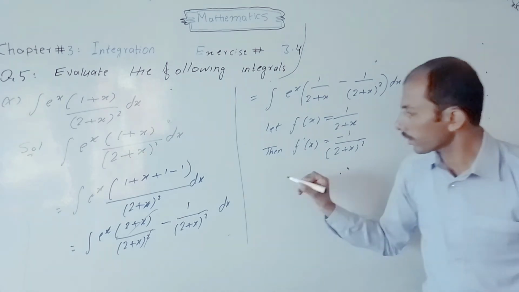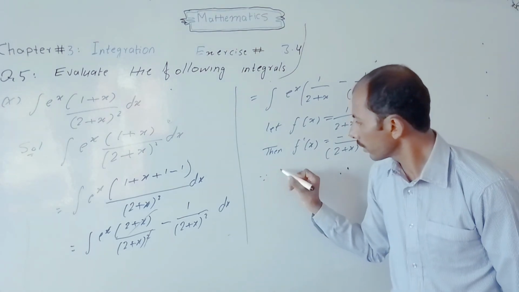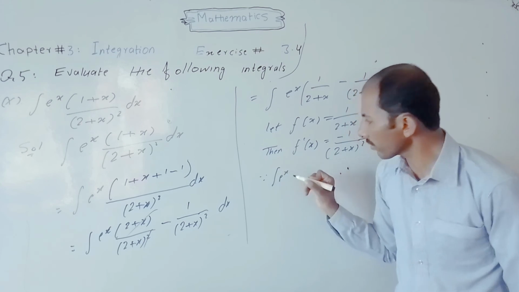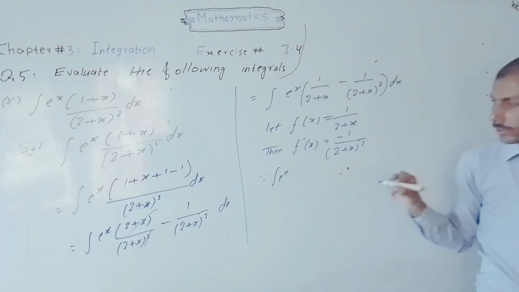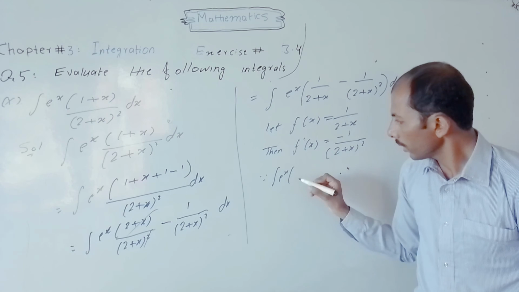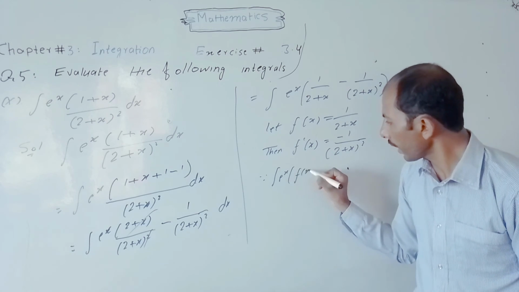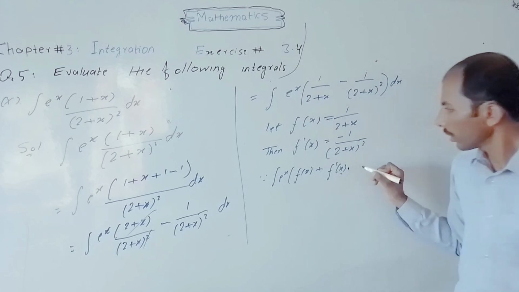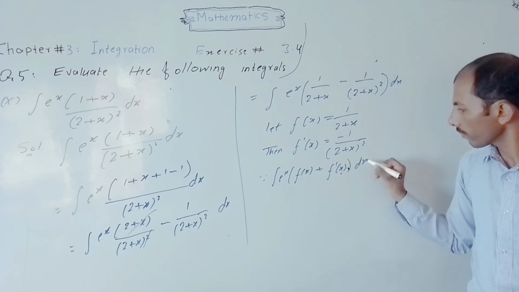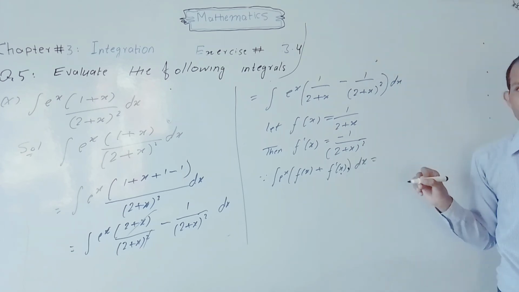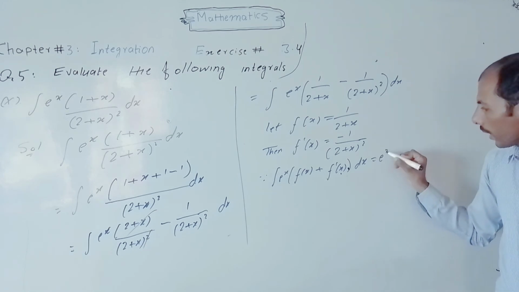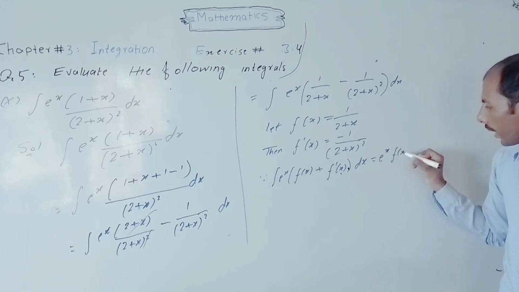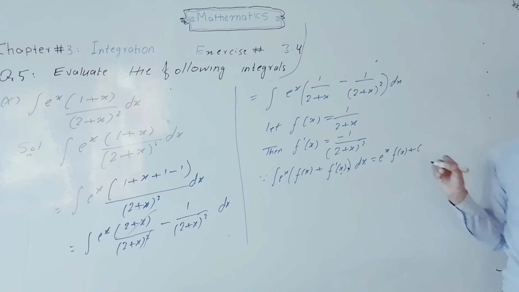According to formula, therefore integral e power x into (f of x plus f prime of x) into dx is equal to e power x f of x plus c.